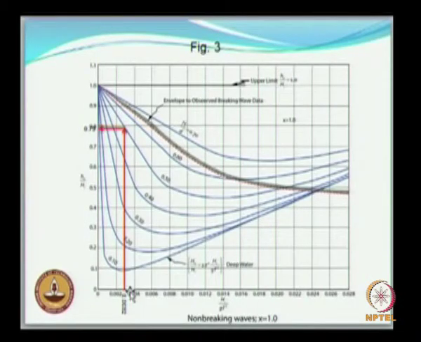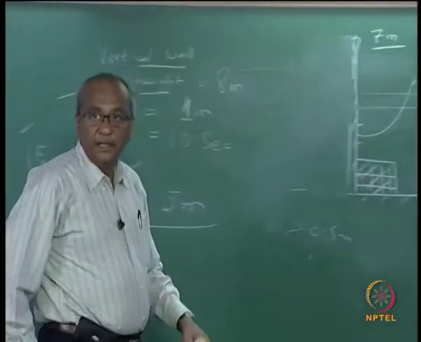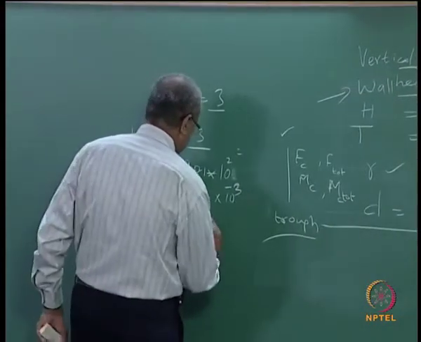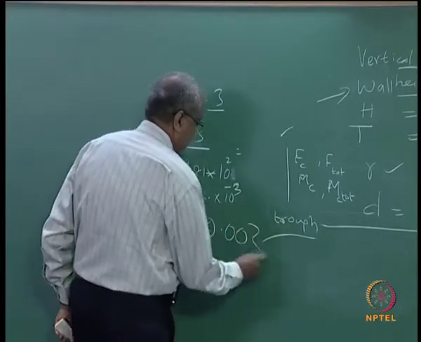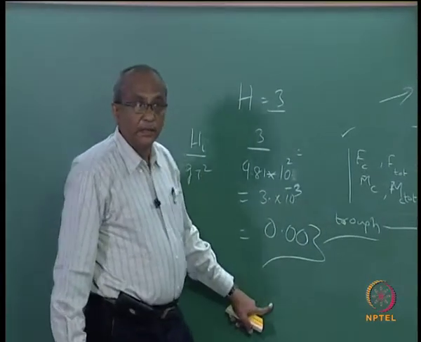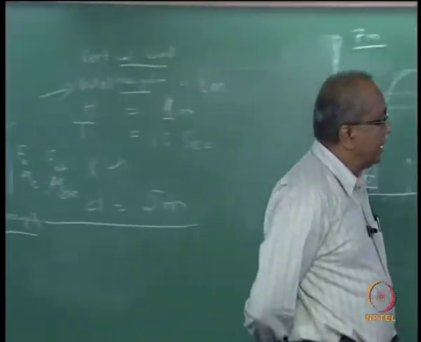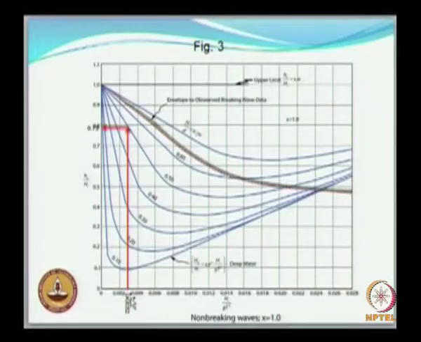Now this is 0.002, this is 0.006, 0.003. It is approximately 0.003, right? Okay. So 0.003, and your Hi by D is how much?